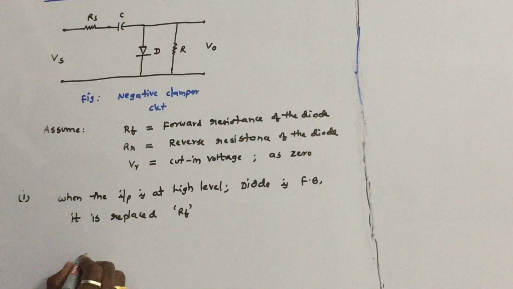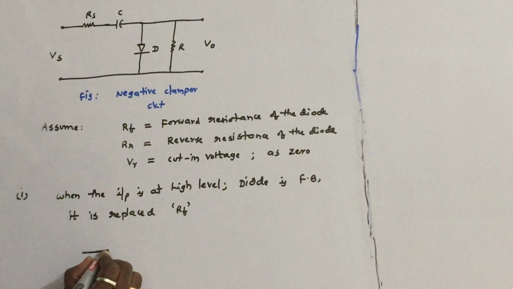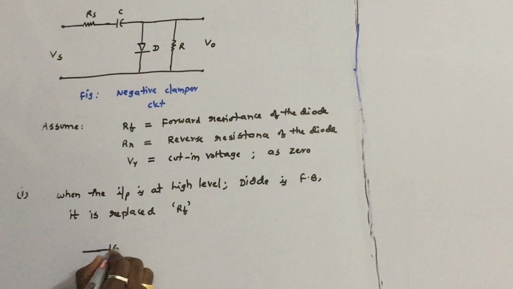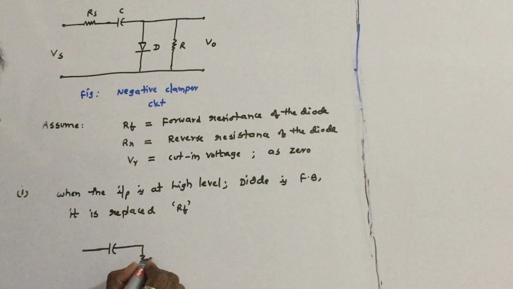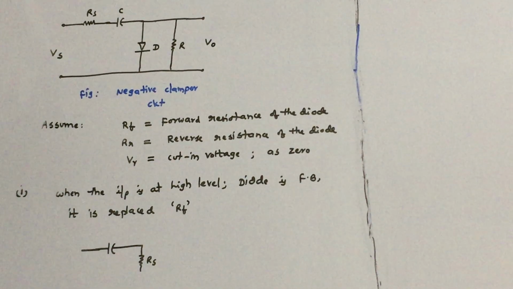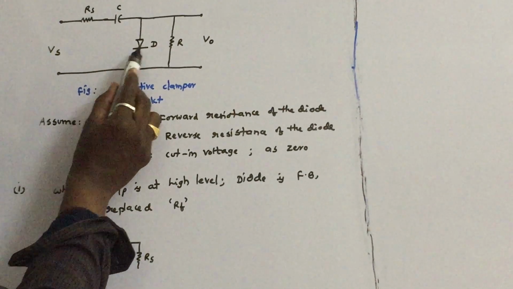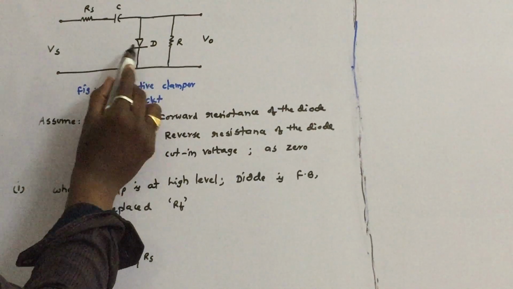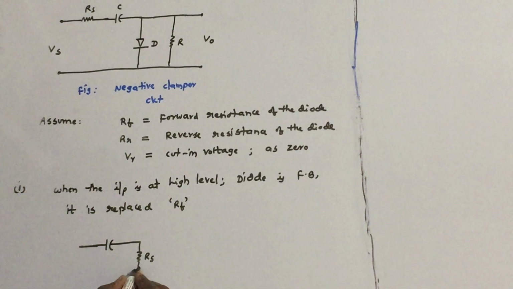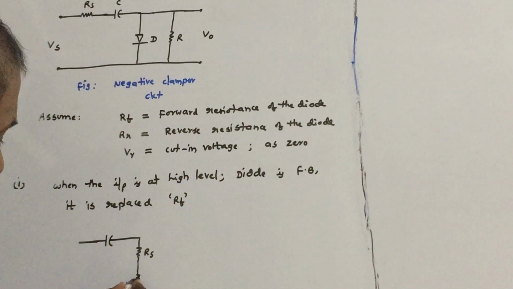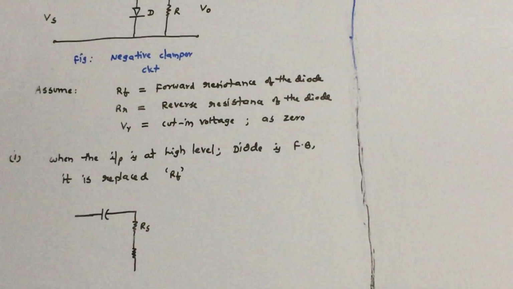So the equivalent circuit: the capacitor, and the source resistance on this side. Since the diode is forward biased, it is replaced by Rf, and Rf and R are both in parallel. So here a resistor will come in the circuit.